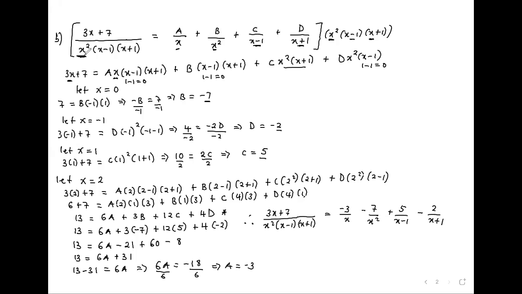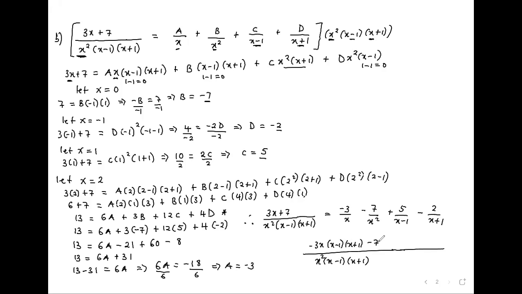So you can try this out. It should give you the fraction that we have on top, on the left. It always comes out. So if we have x squared, x minus 1, x plus 1, then x in x squared, we get -3x multiplied by x minus 1, x plus 1.